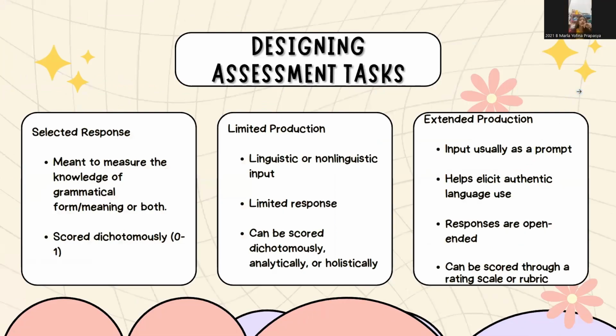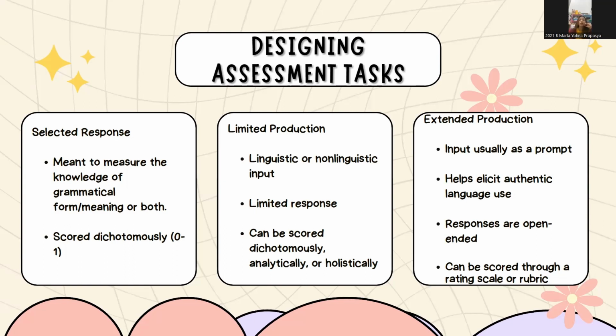There are several ways to design an assessment task. The first one is selective response, then limited production, and extended production. Selective response measures the knowledge of grammatical form or meaning and can be scored dichotomously.